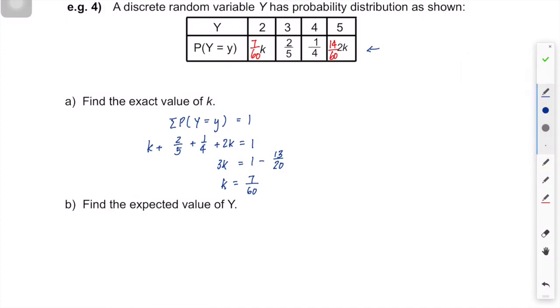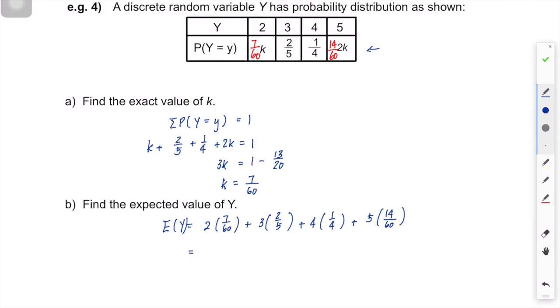And then now I can find the expected value of y, because E of y now is equal to 2 times 7 over 60 plus 3 times 2 over 5 plus 4 times 1 over 4 plus 5 times 14 over 60.